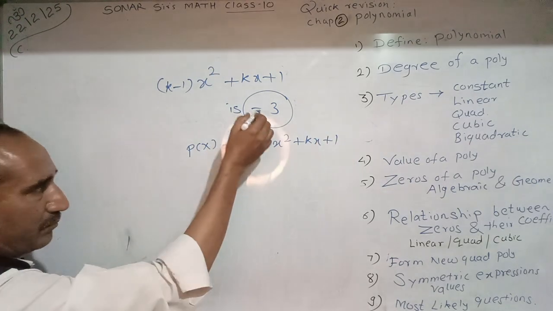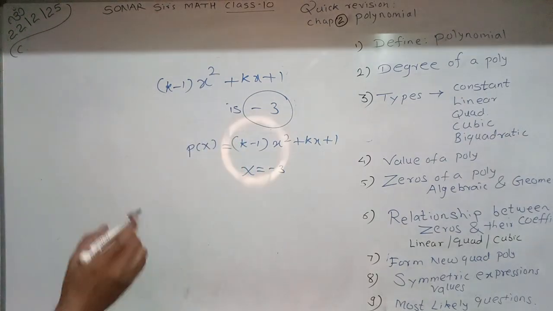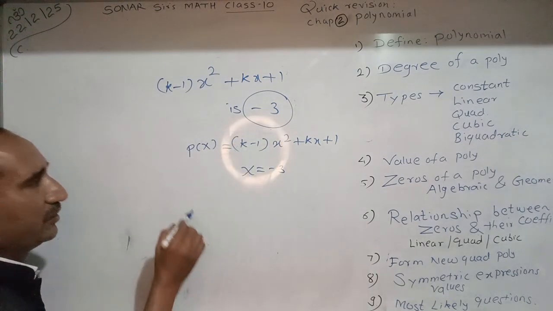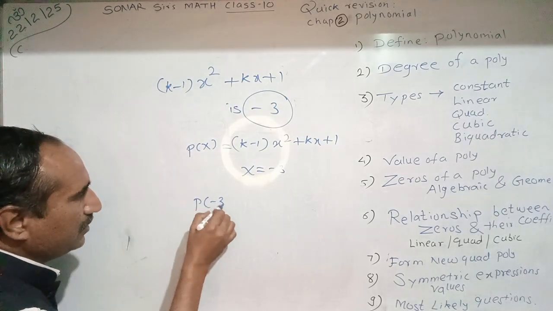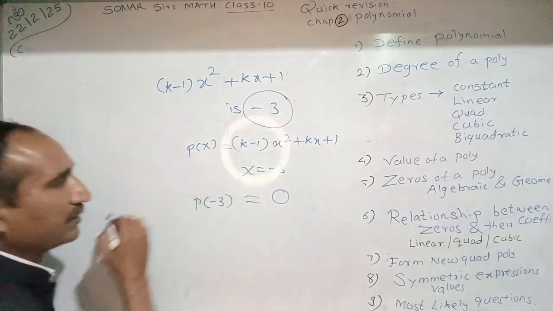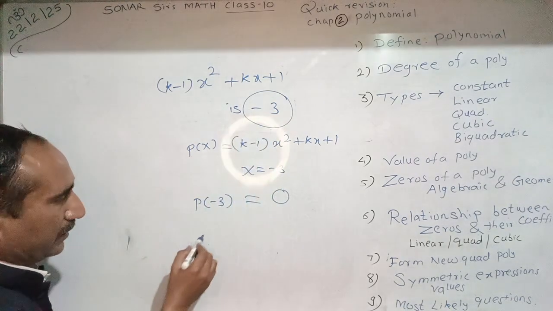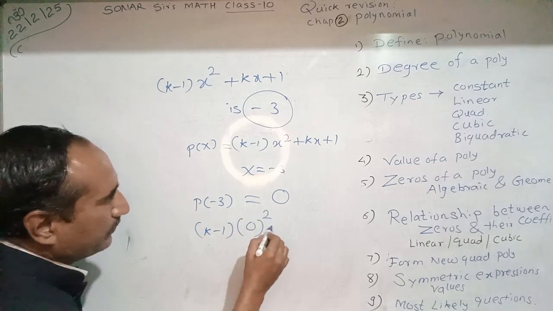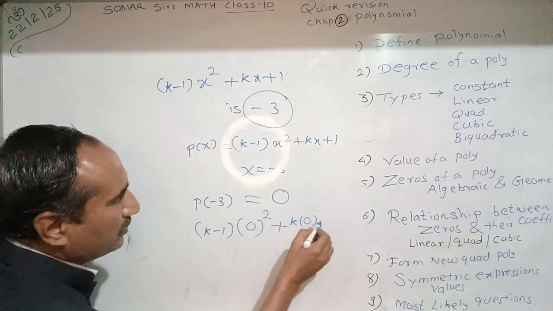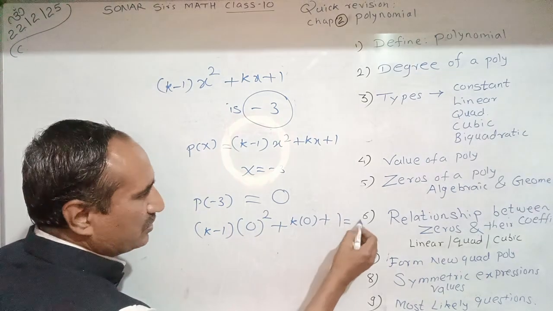As minus 3 is a zero, so x equals minus 3. It satisfies the equation. So when the value of x is minus 3, the polynomial becomes 0. We'll put this value in place of x.